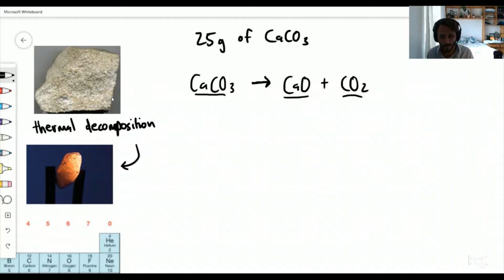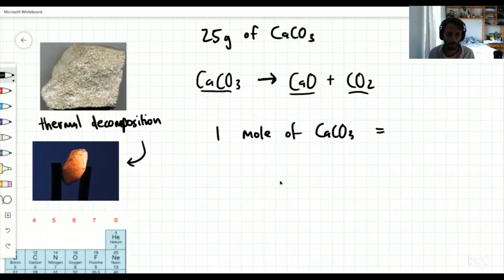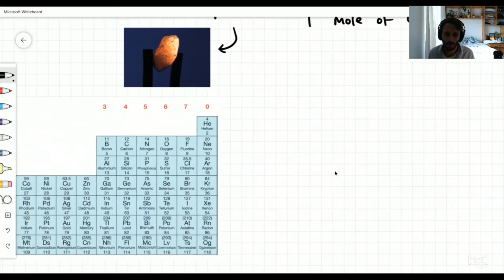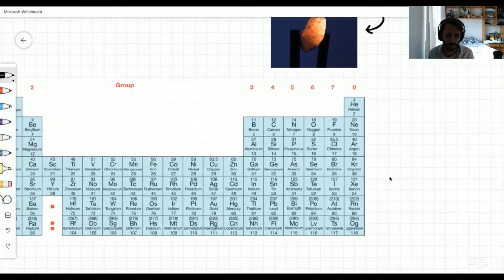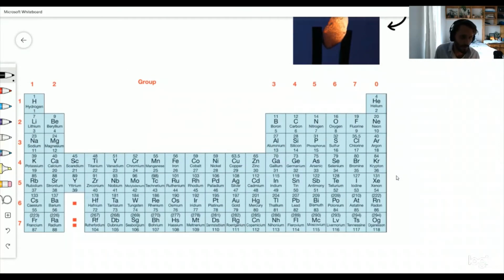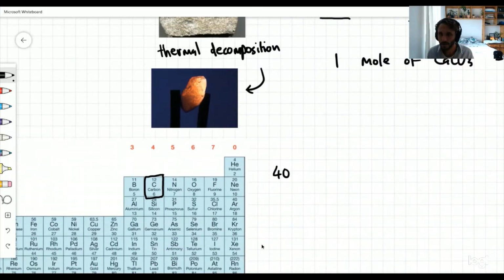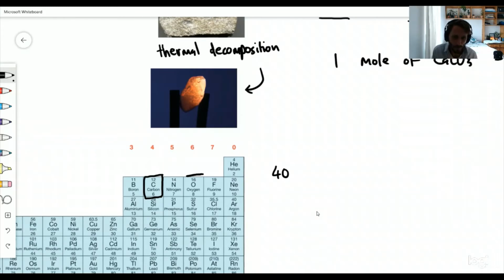Remember, always we are working out what 1 mole of calcium carbonate weighs. What do we need to do? We need to work out the relative formula mass of calcium carbonate. We've got calcium, it is 40. Carbonate is made up of carbon and 3 oxygens.